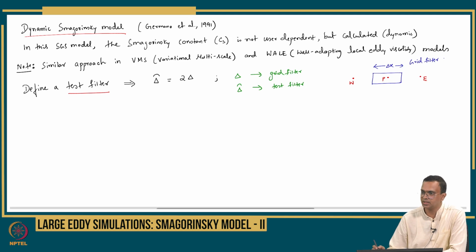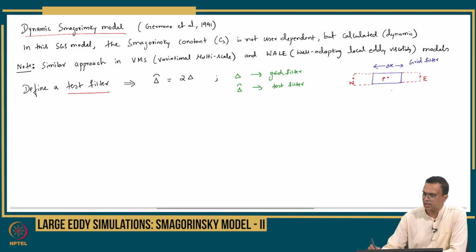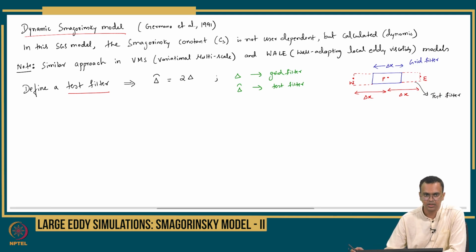The test filter is twice that, so this is 2 delta x. This particular part is your test filter. I'm writing it in 1D for easy illustration.